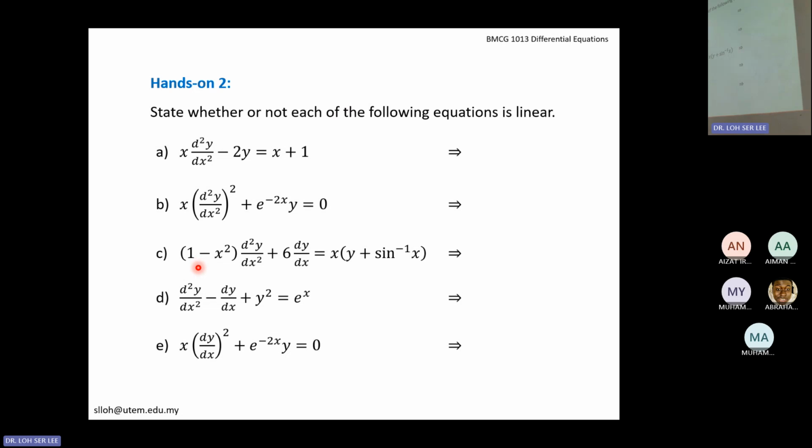C, non-homo, because after you open the bracket, the x outside has no y, no dependent variable. D, non-homo, because there's no dependent variable here. E, homo. There's a dependent variable here and here.